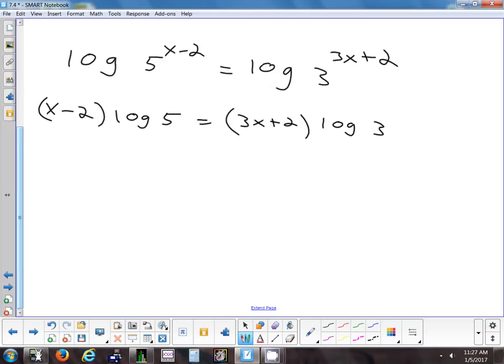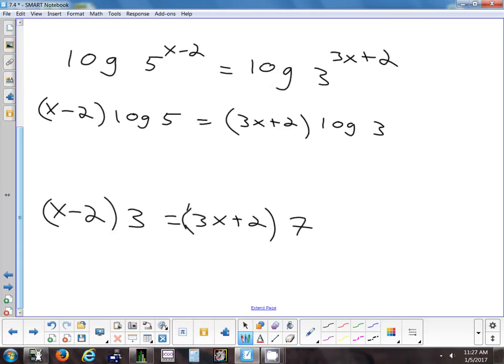Log of 5 is just a number. I'm going to make up a number. Don't write this part down because this isn't exactly the number, but I'm just showing you what it's similar to. Let's say log of 5 came out to 3. So it's just like you have a number in front of the x minus 2. And let's say the log of 3 comes out to 7.